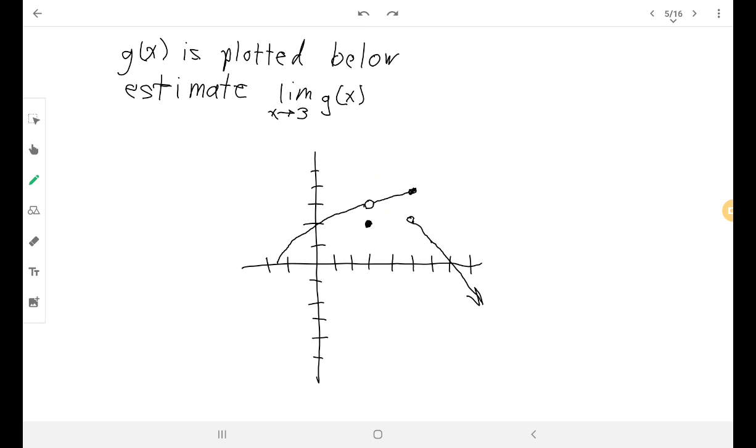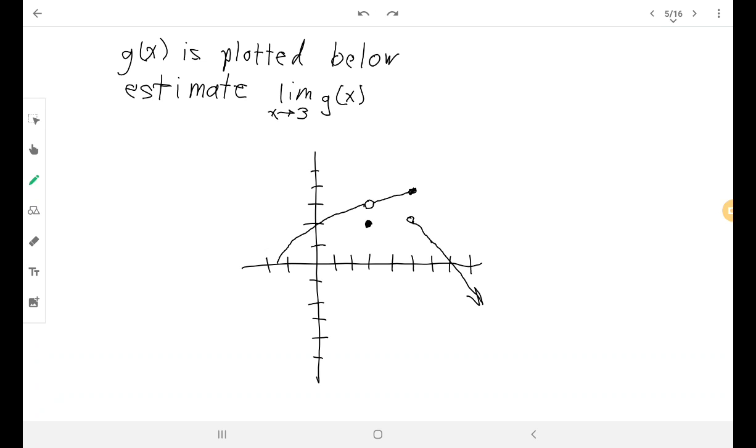So we get this jump discontinuity here, where we get approximately to here, we get almost to there, and then we jump down, and then we jump back up. And so we've got to figure out what it means to do this, right? Like what does the limit tell us about doing this?